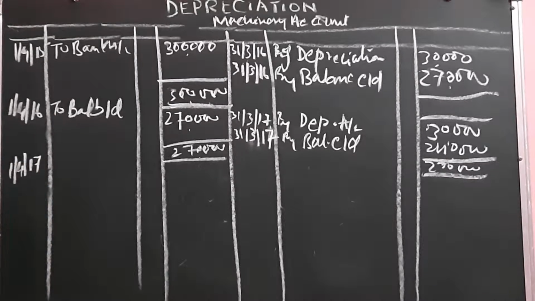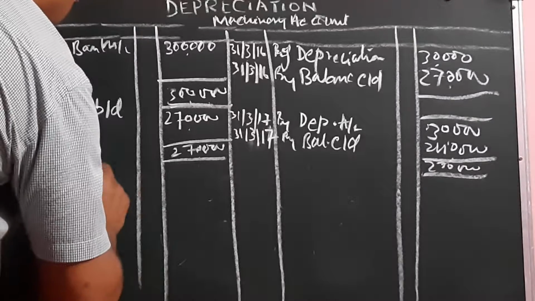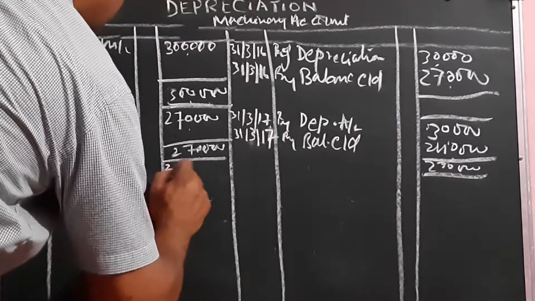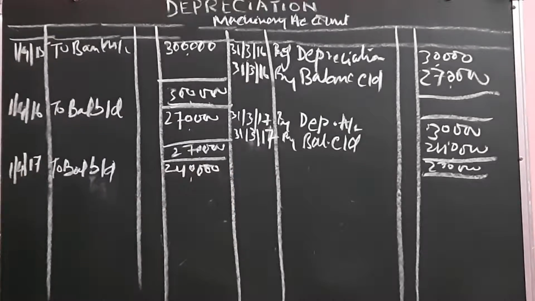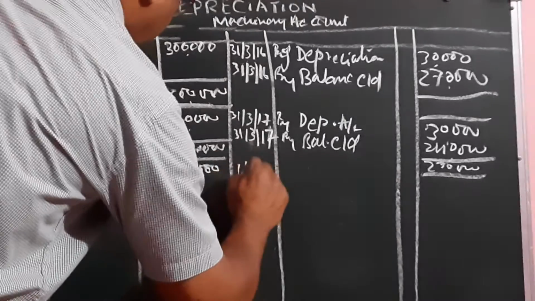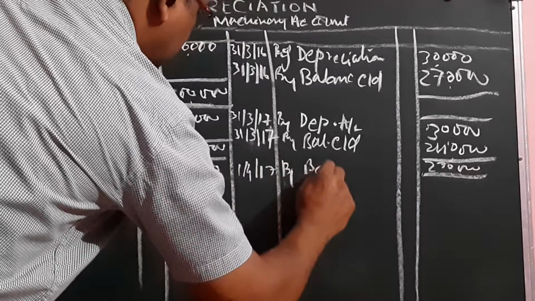In the third year, on 1st April 17, to balance BD, 2,40,000. Very simple question. In this year a machine was sold on the first day, 1st April 17, by bank.